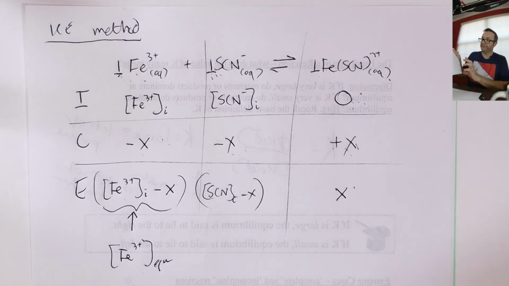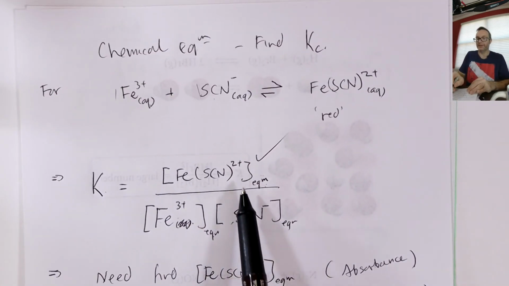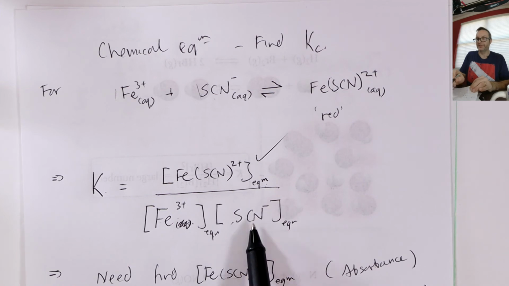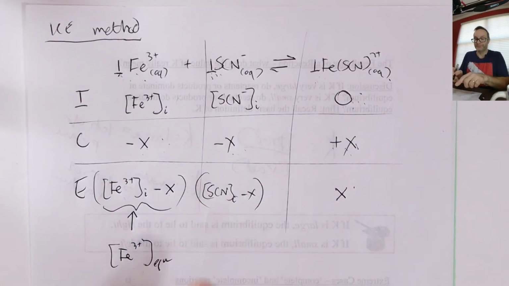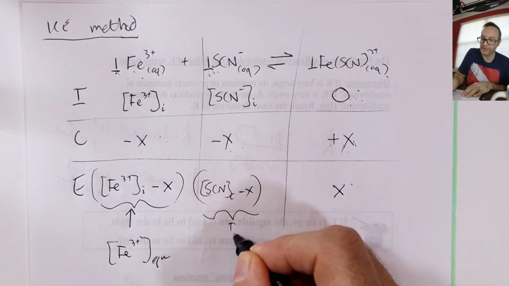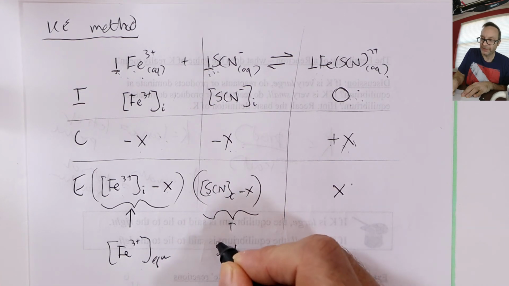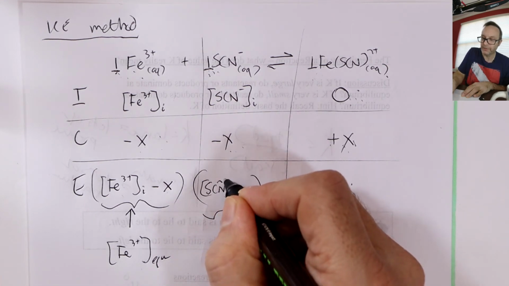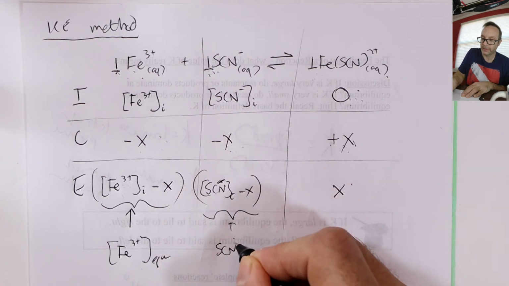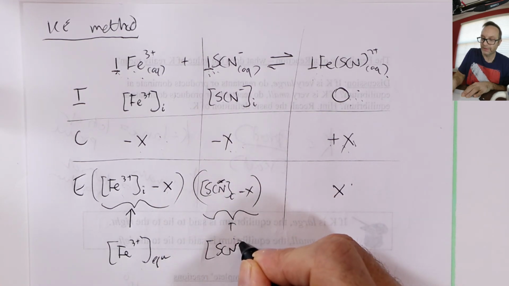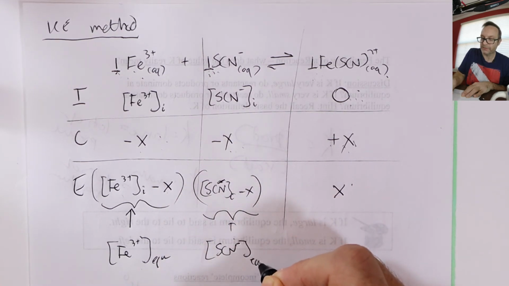The other one in the term there, it's this one. So that's also SCN- initial minus equilibrium.